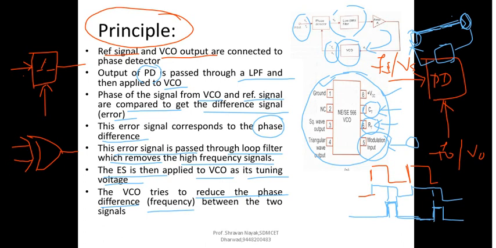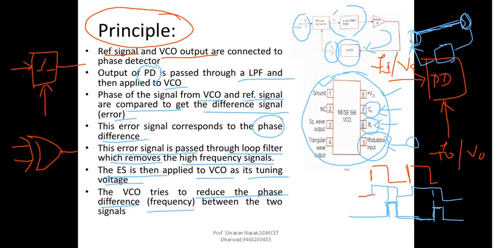You have a phase detector which has a reference signal and also one of the external signals coming here, that is the output. The phase detector output is given to a low pass filter. The low pass filter removes whatever noise signals or high frequency signals are present in the input signal. Then it goes to an error amplifier.